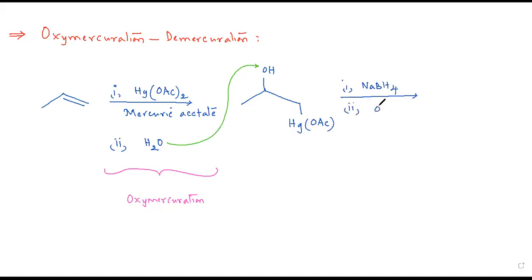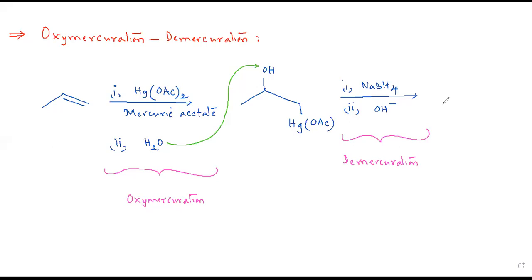In this again, I have two reagents, sodium borohydride and of course an alkali. Come on, this is demercuration. So two steps. That's it.